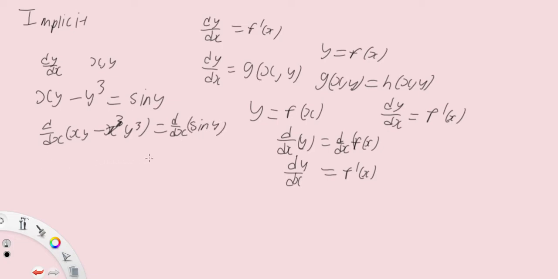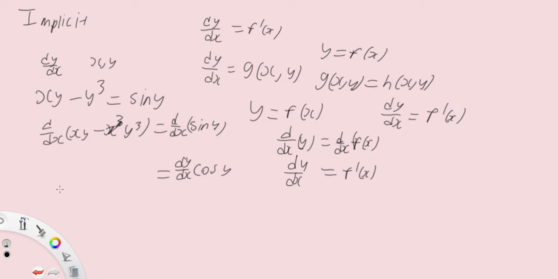Let's do the right one first, since it's easier. All your differentiation rules, including trigonometric, logarithm, exponential, will stay the same. So sine y becomes cosine y. Differentiate inside, same thing, but now it's with respect to x. Therefore, y differentiated with respect to x gives me back dy/dx.